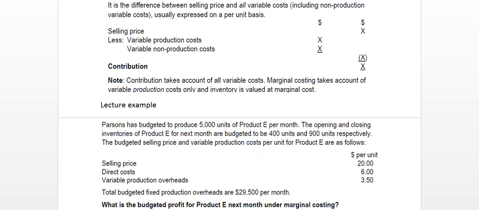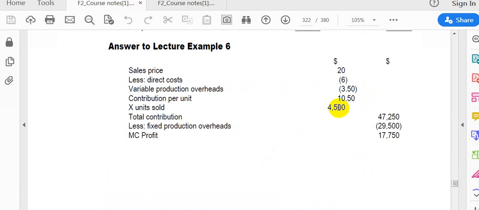We then multiply the 4,500 times the contribution per unit to give us total contribution of 47,250.